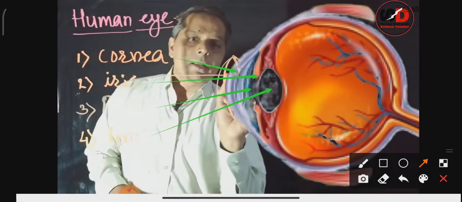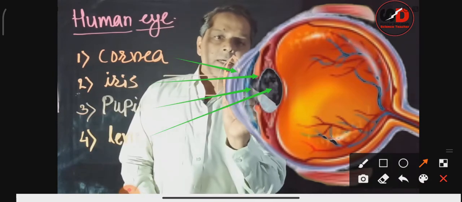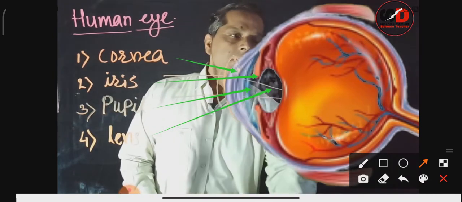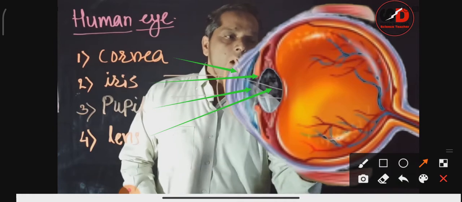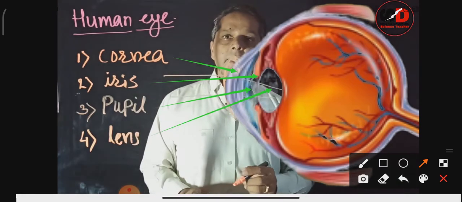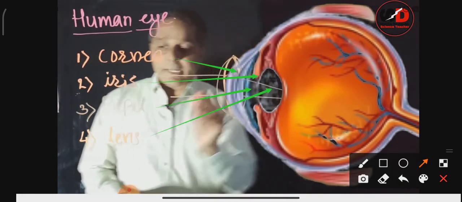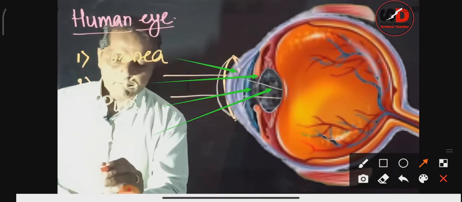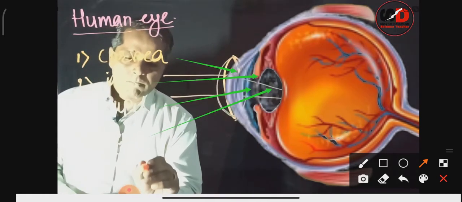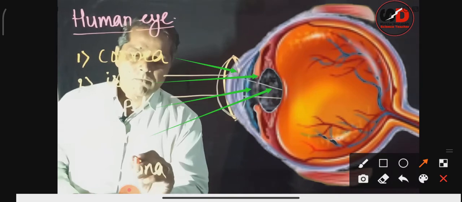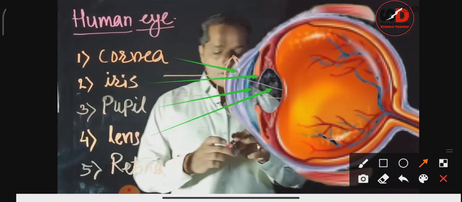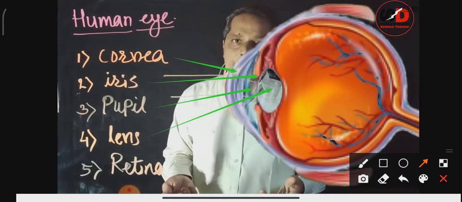Whenever the light falls on this lens, it forms an image here on the screen, and this screen is called the retina. So what is the retina?